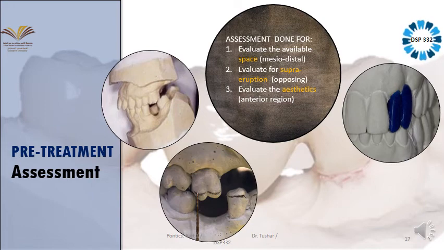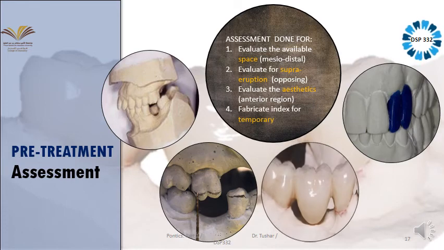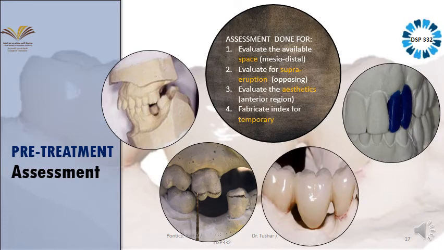Now this we do in all the cases preferably, because you want to fabricate the index, right? Putty index we are fabricating for your direct technique on your diagnostic cast, right? So for fabrication of this putty index also, your diagnostic wax up will help. So all these are pre-assessment for your pontic. Understood?